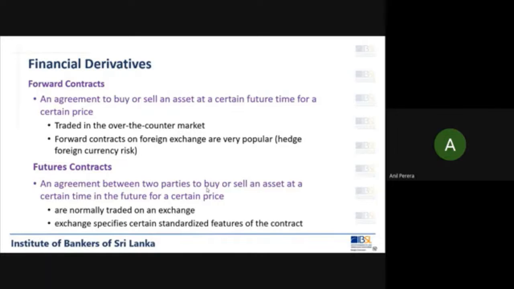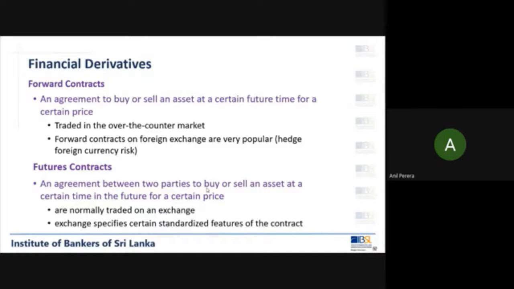Forward contracts are basically traded in the over the counter market. I hope you remember the over the counter market. We call it the OTC market, where a large number of buyers and sellers trade through communication media, and it's a very large decentralized market, right? And I also gave you an example, the best over the counter market: the foreign exchange market, right?